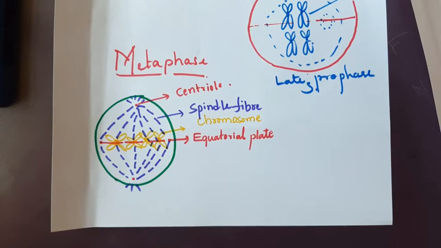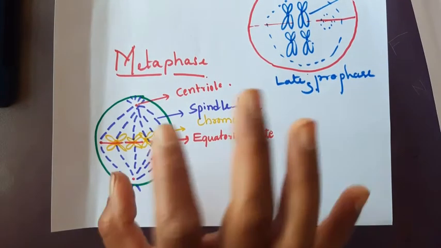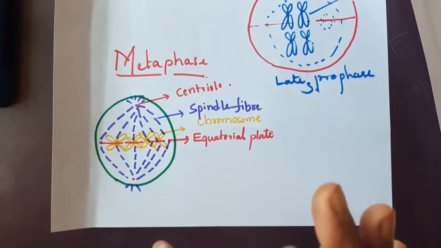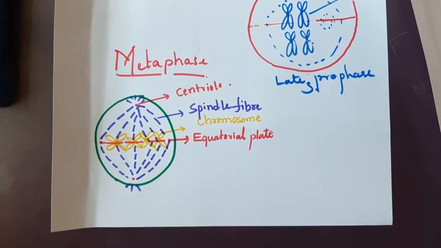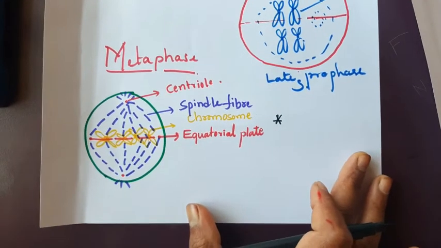Okay. After metaphase, the key points for the metaphase are arrangement of chromosomes and complete disappearance. You can't see any nuclear membrane or any nucleolus content. The complete disappearance of the nuclear membrane and the nucleolus. I will write here the important points of the metaphase.